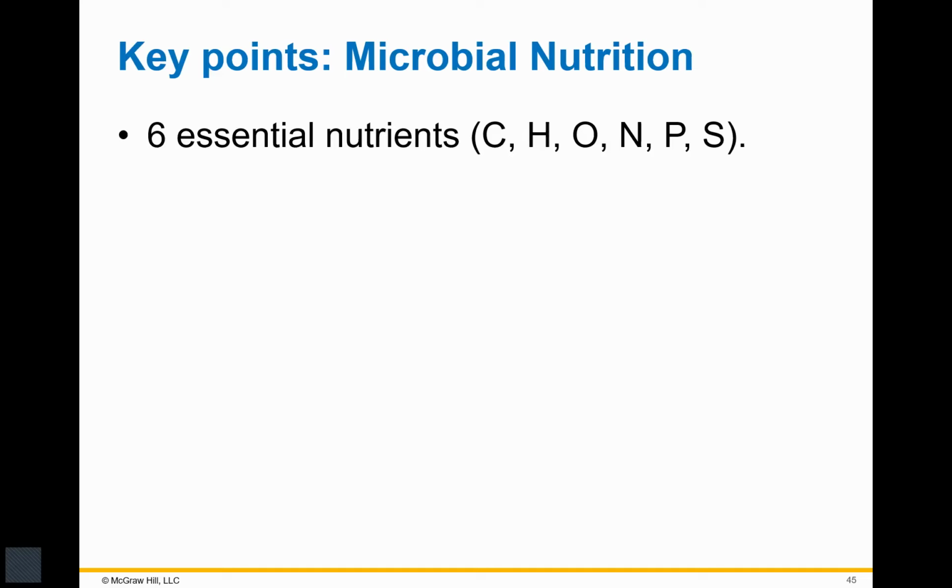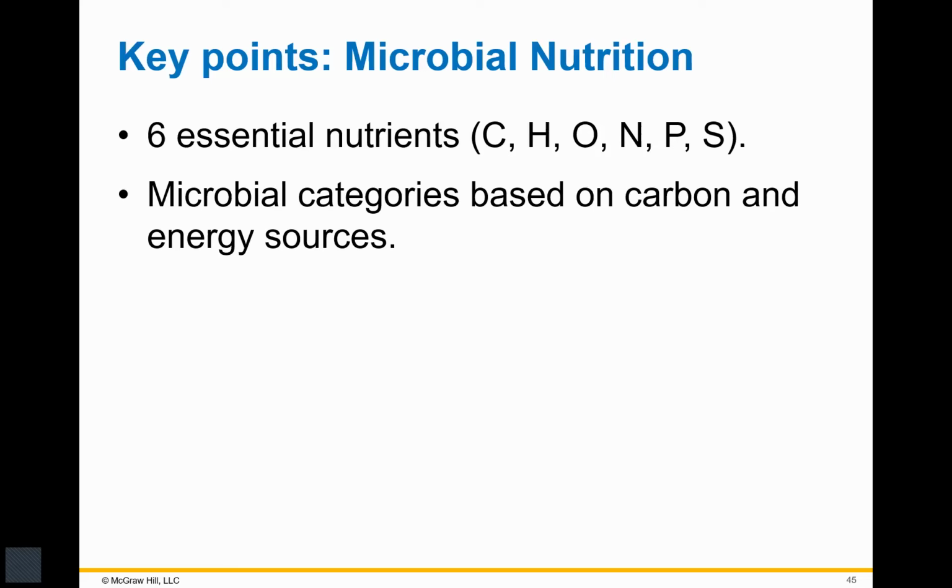So let's have a quick recap. Just like humans, microbes also need nutrients to survive. They can obtain their nutrients from different sources. It can be organic sources, it can be inorganic sources. But these 6 nutrients are essential, the CHNOPS, because they are key components of the chemical composition of these microbes: carbon, hydrogen, oxygen, nitrogen, phosphorus, and sulfur.